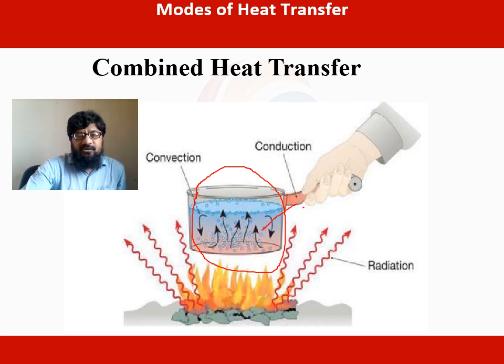Also, the fluid inside the pot transfers heat by bulk motion, and from this heated coal or burner, the heat is also transferred by radiation to this pot and the surroundings.